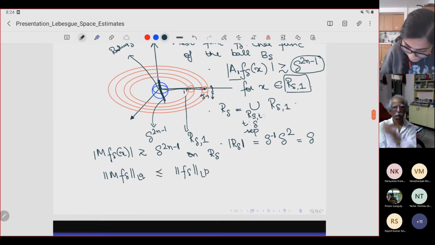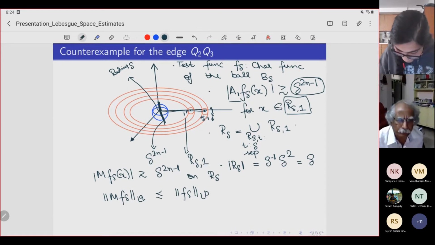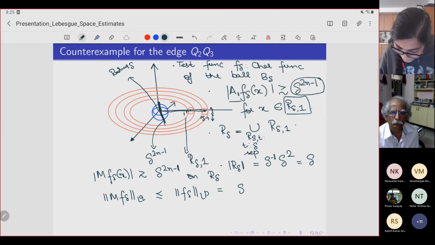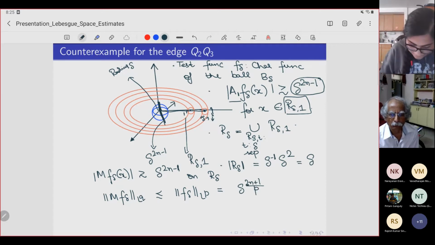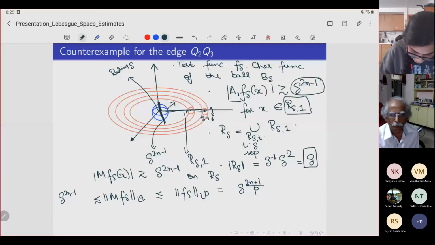So what is f delta? f delta is just the characteristic function of this ball, which has volume delta to the power 2n plus 1. So the L^p norm of this will just be delta to the power (2n plus 1) over p. And we've already established that M f delta is greater than or equal to delta to the power 2n minus 1 on R delta, which is of volume delta. So you have delta to the power 1 over q.